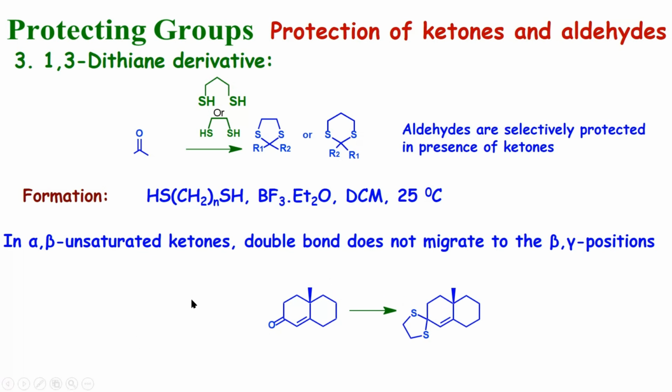When I protect the alpha-beta unsaturated ketone as a dithiane, the double bond does not move. Whereas when I protect in the form of dioxolanes, the alpha-beta unsaturated double bond is moved towards the beta-gamma position. When this movement is not required, we go for protection in the form of 1,3-dithiane.